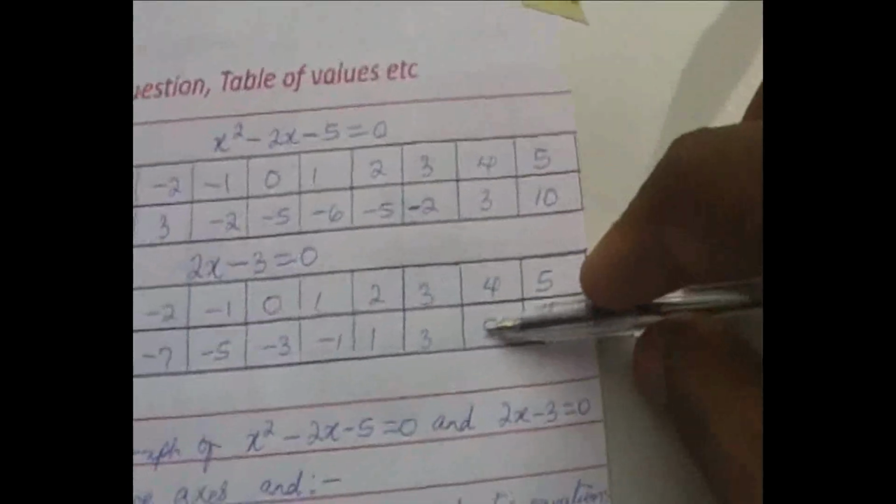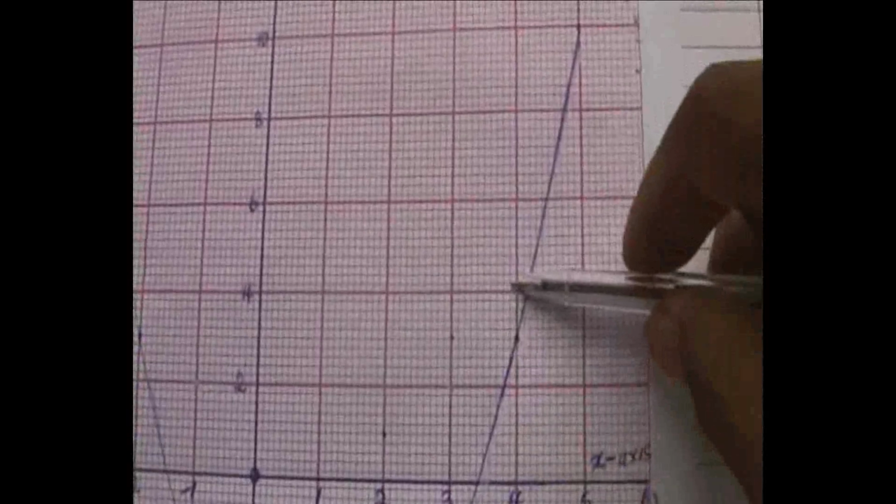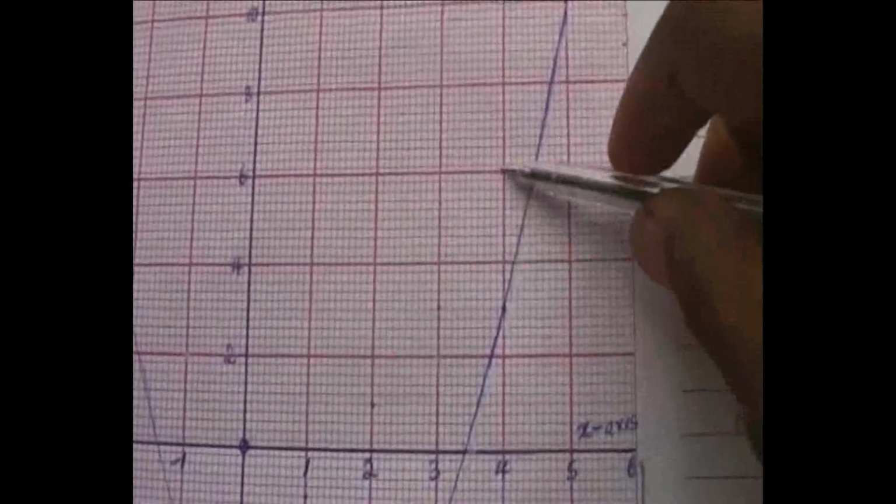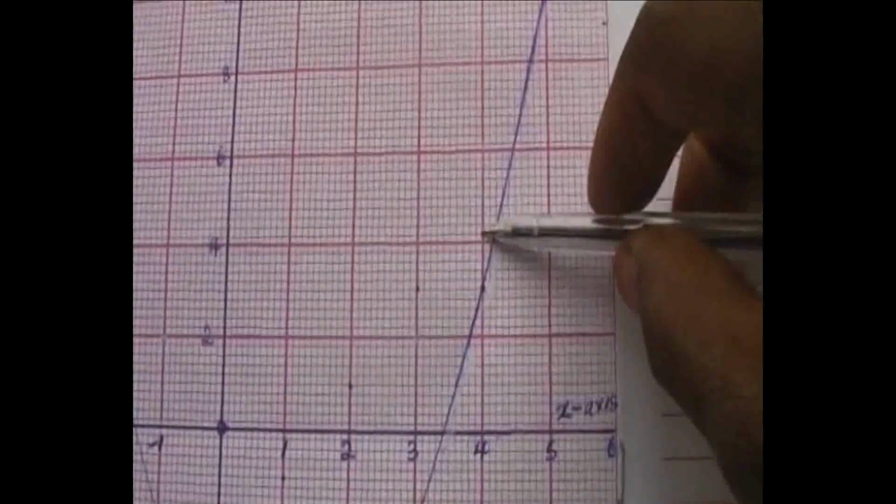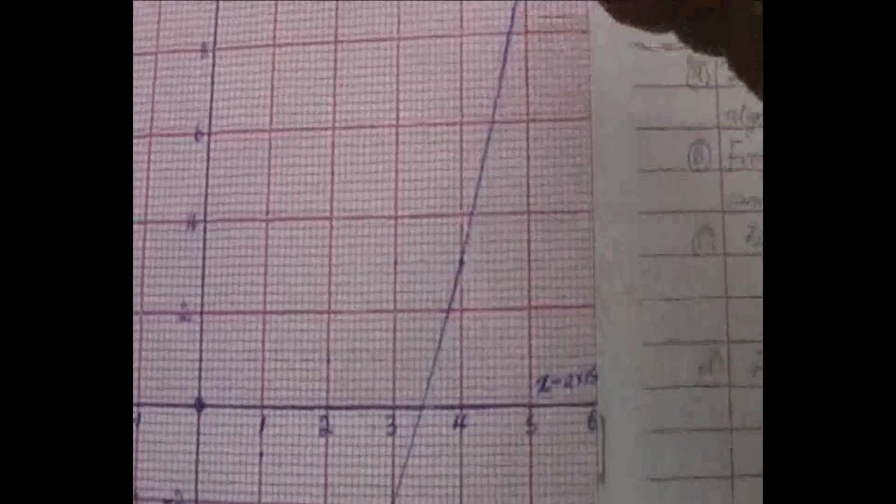The next is when x is 4, y is 5. 5 is between 4 and 6. So we're going to have 1, 2, 3, 4, 5. This is the place to plot.